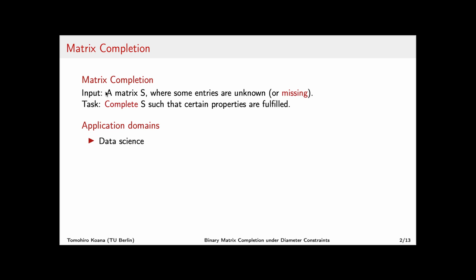Matrix completion problem in general appears in many application domains. One is data science. In data science, probably the most famous example is the Netflix challenge. In Netflix, you have a lot of movies, and there are users. And users can give a rating for the movies they watched.